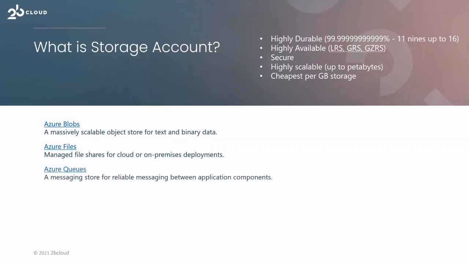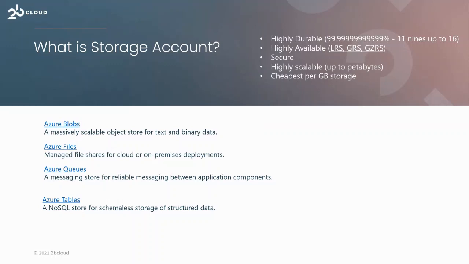Azure Queues is a very small service designed for applications. It can aggregate messages and allow other services to pick those messages and process them in a queue. The table is designed to put semi-structured data into tables.